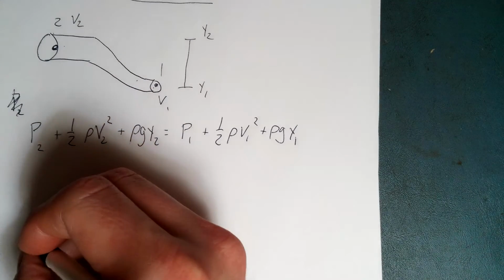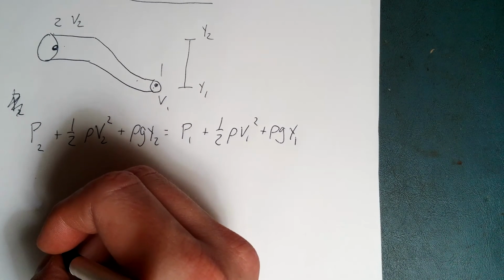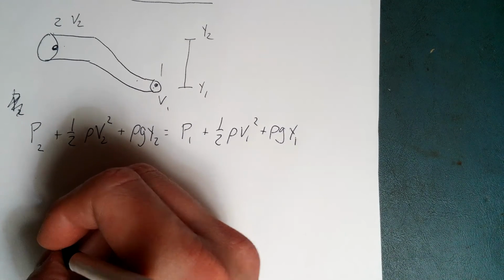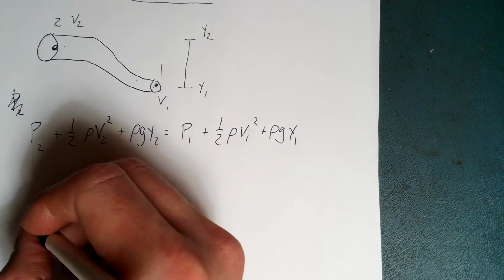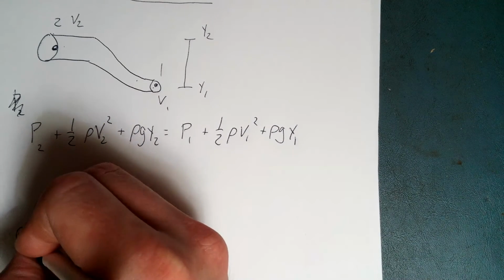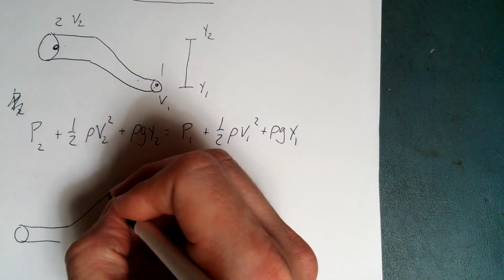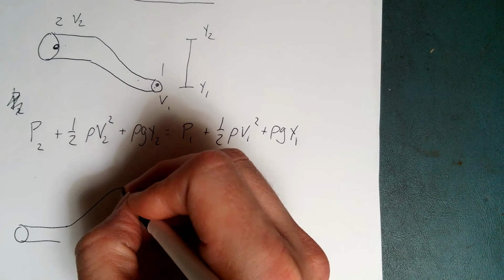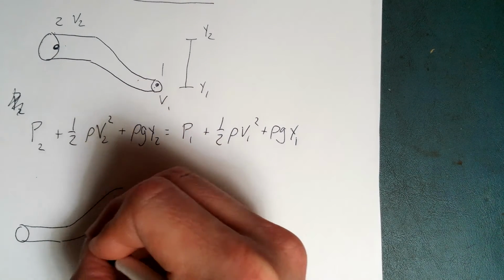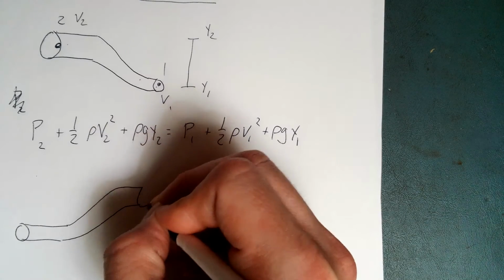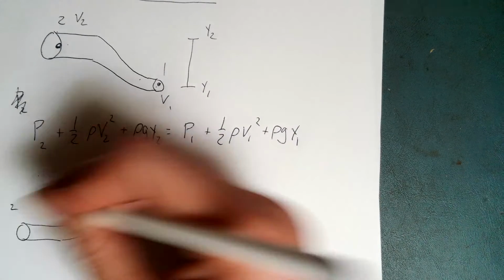So we have a situation where our pipe is getting smaller. I'll draw a picture. Here's our pipe, and then it comes up and gets bigger. So 2 and 1.